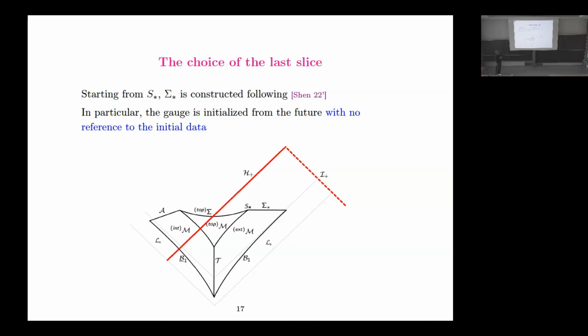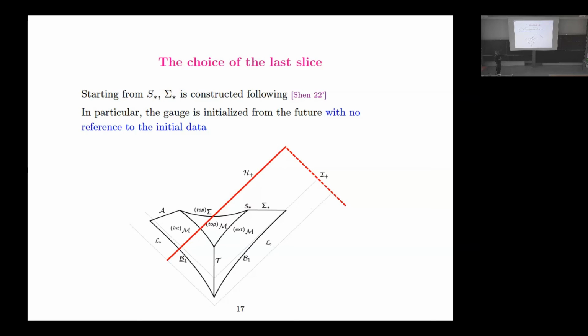And here I should mention that what is important is that your gauge is really initialized from the future without any reference to the initial data. The first time this appeared was in our work in Schwarzschild. I think this is impossible to do otherwise if you really want to track the final state.